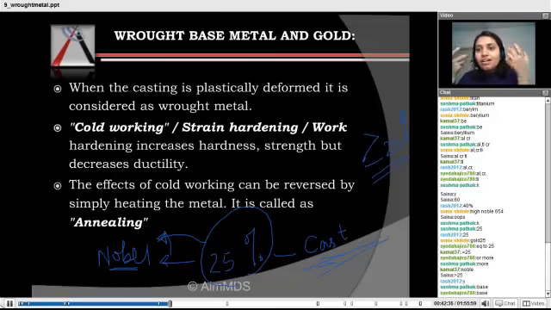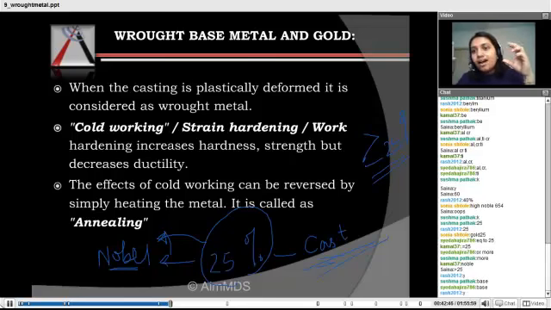It actually becomes harder. That's an important point in a cast metal property. This hardening of the metal because of cold working is called cold working, strain hardening or work hardening. That means if we plastically deform a casting, it becomes wrought.